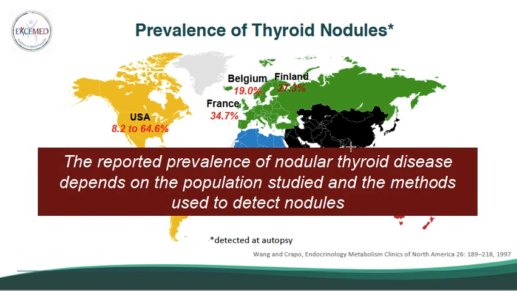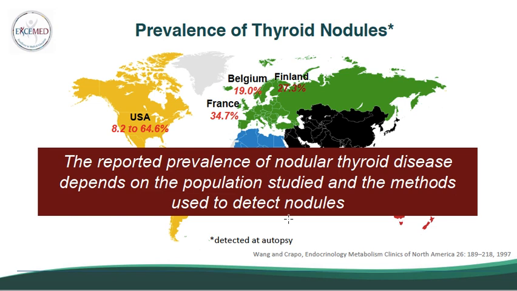However, in other studies where they used autopsy to detect thyroid nodules, you would see a higher rate of detection. So the prevalence of nodular thyroid disease really depends on the population being studied as well as the methods used to detect nodules.